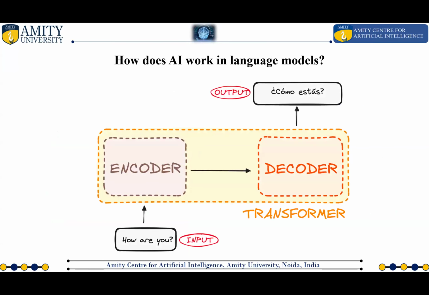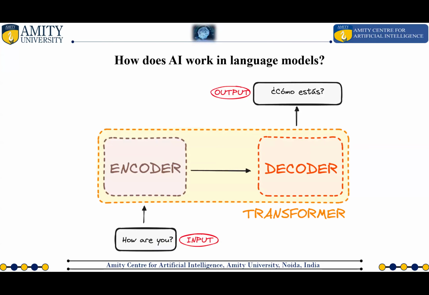So how does this AI technology actually work in language models? Whenever we are talking about academic writing, we are always talking about these language models. There is a core neural network, which is a transformer, on which our language models are based. It is basically composed of two parts, encoder and decoder, from which this transformer-based neural network is produced for our writing purposes.